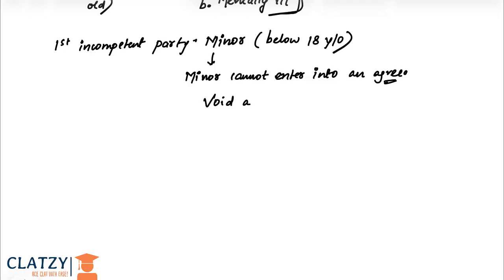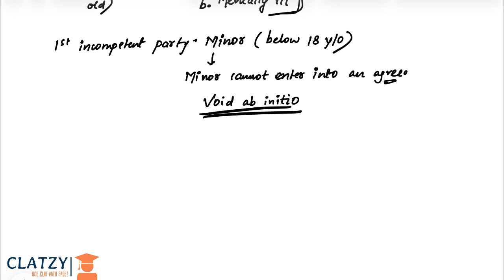Minor cannot enter into an agreement, and the law says that an agreement entered into with a minor is void ab initio. What is the meaning of void ab initio? Let's not get confused and don't get afraid of these terms. It simply means that if you enter into an agreement with a minor, that agreement does not exist. Because a minor is not a competent party.